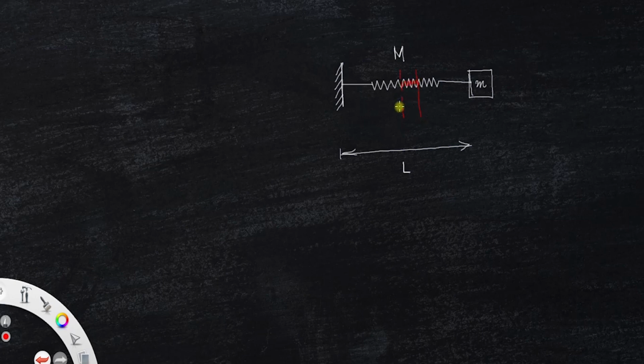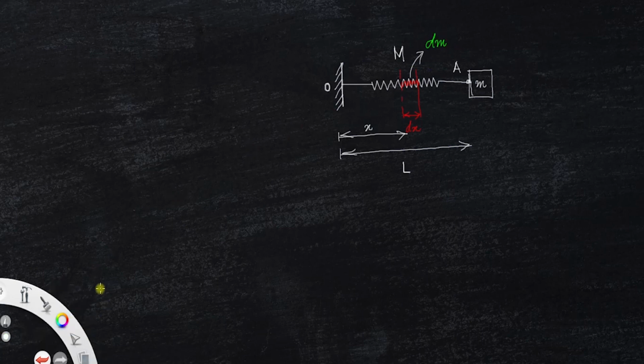Let this be the small section of the spring of thickness, let's say dx, and let the distance of this section from the left end be x. You can call this point O. Let this point be A. Now let the small mass of this small section be some dm.